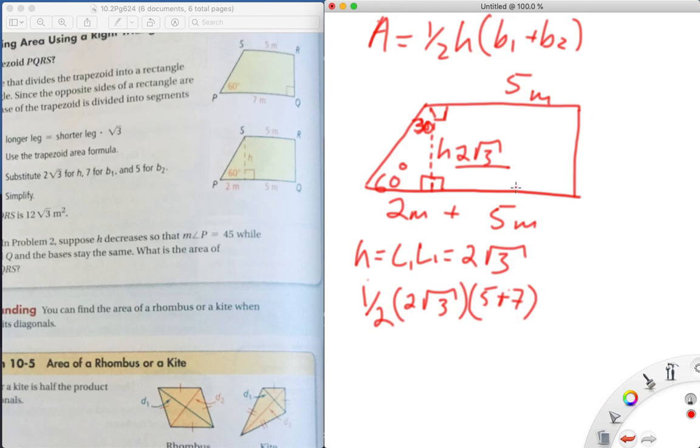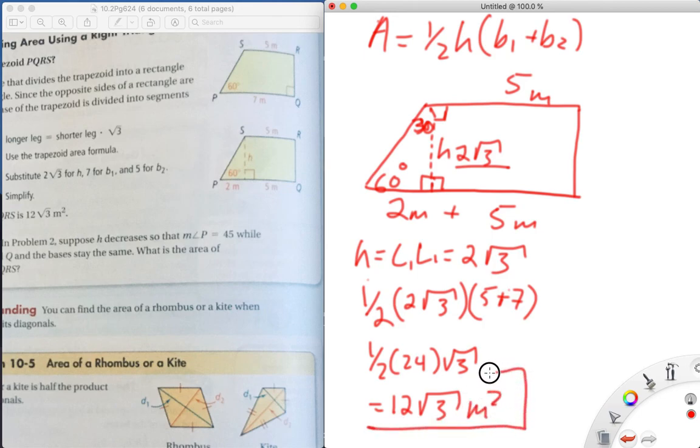So 7 plus 5, those are my two bases, which is 1/2 times 24 times the square root of 3. 1/2 of 24 is 12. So our answer is going to be 12 times the square root of 3. Remember, we have to say our units, and our units are always squared. So 12 times the square root of 3 meters squared.